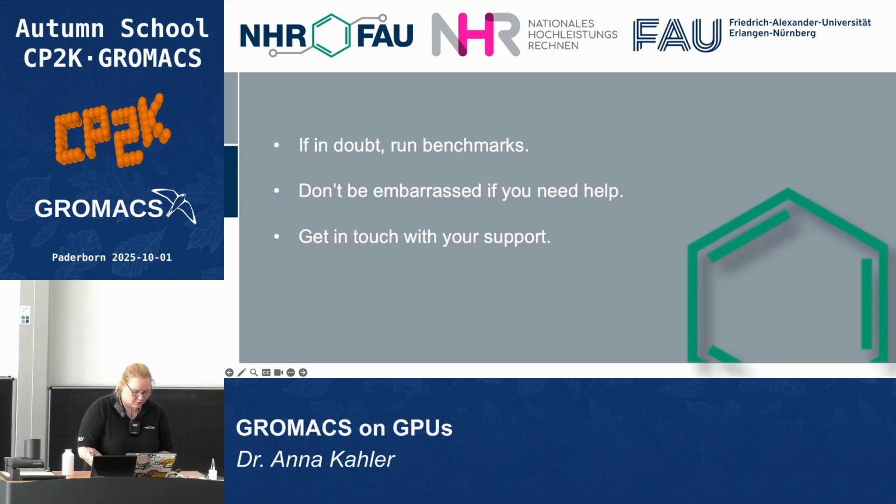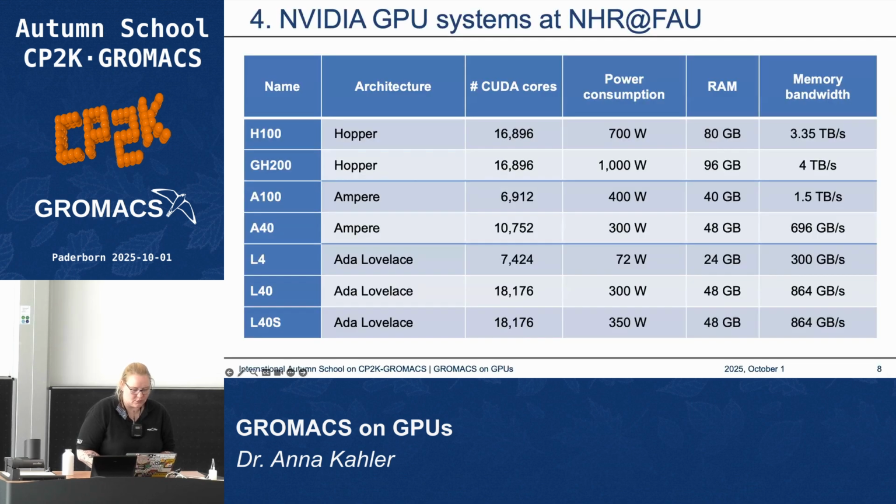In terms of pure performance, the benchmarks run on the H100 would be faster than on the L4, especially because the L4 only has 7,500 CUDA cores compared to the Hopper.